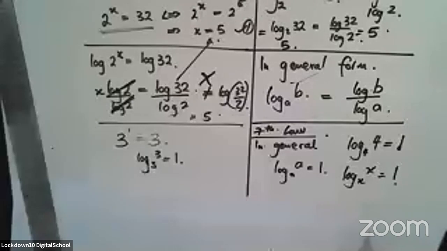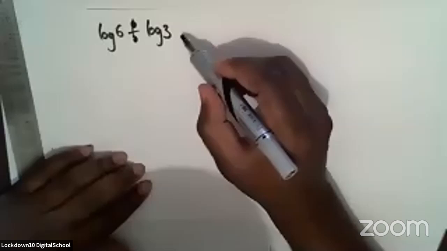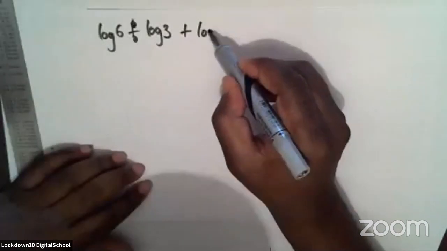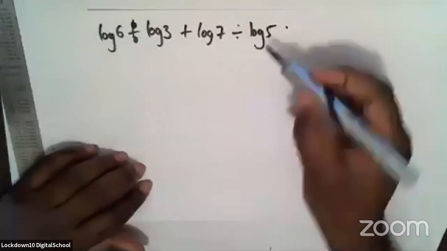I'm just going to quickly try to help on the question that was asked, which says log 6 divided by log 3, plus log 7 divided by log 5.